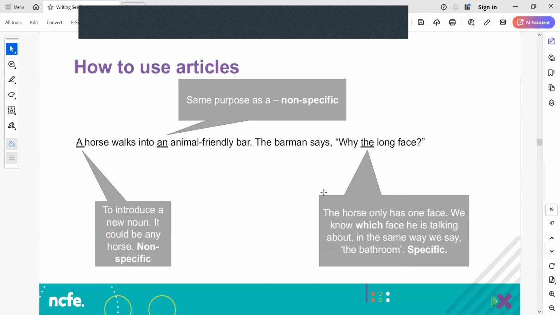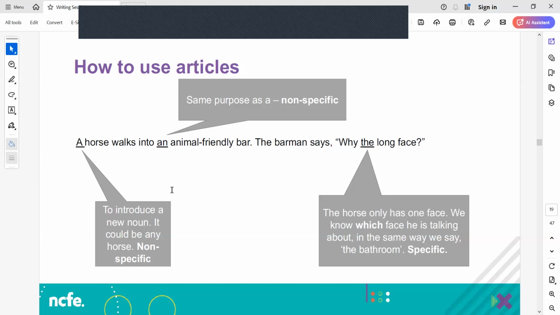Okay. So how to use them? So we use a to introduce a new noun. It could be any horse in this example. It's non-specific. A horse walks into an animal-friendly bar.